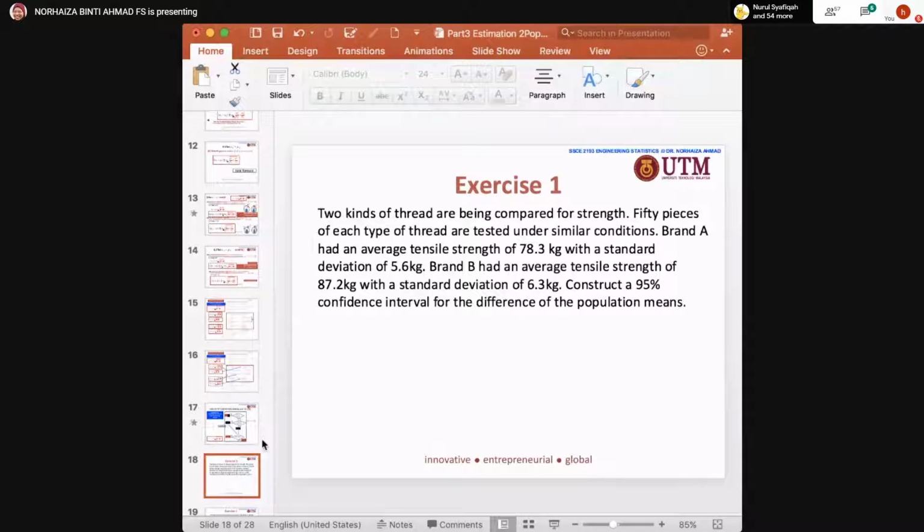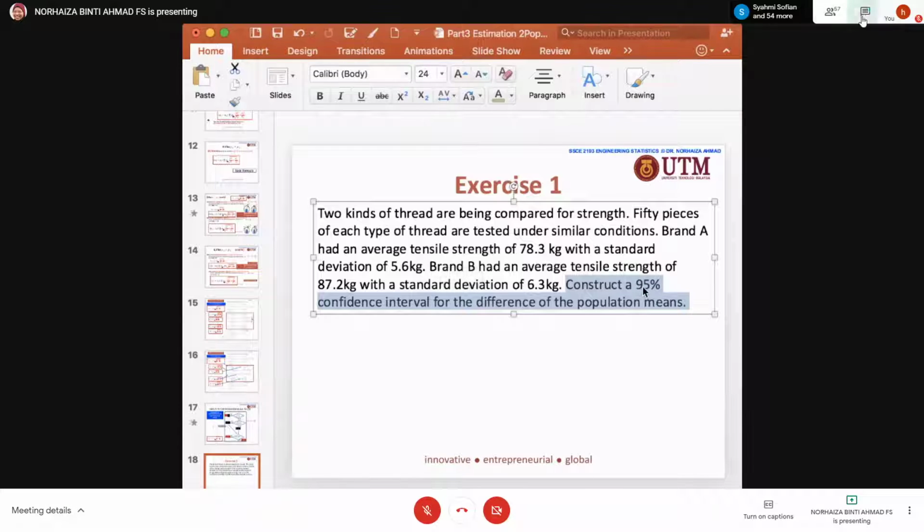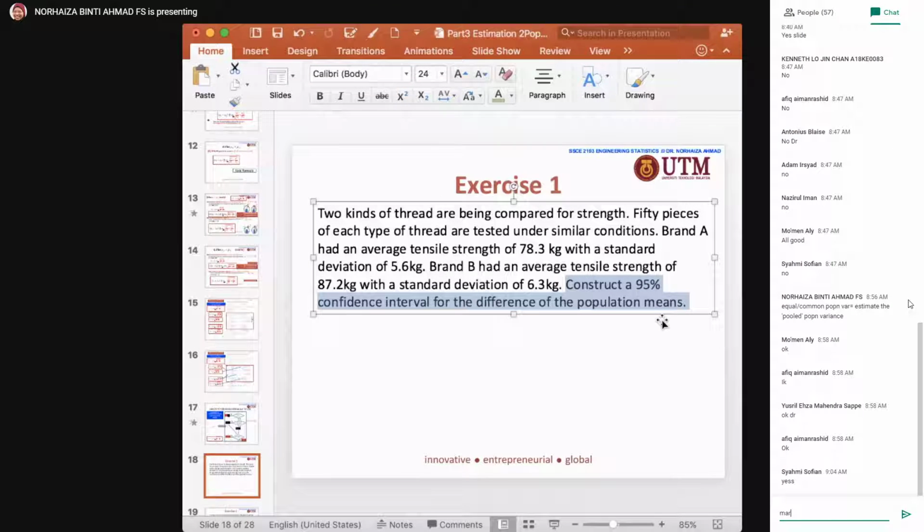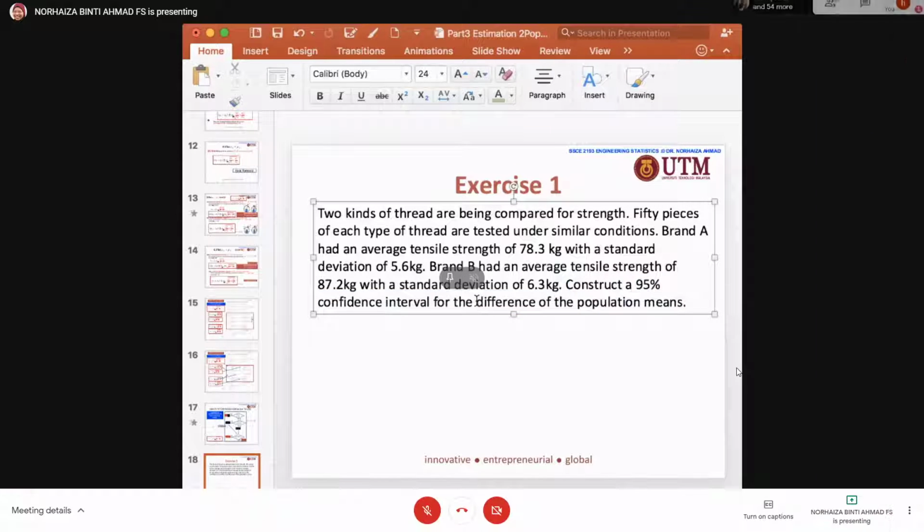How can you tell? From this question, you know that you are trying to construct a 95% confidence interval. What is the measurement that we're interested in? The measurement is the means, right? But here it is not just the mean, but the difference of the population means.